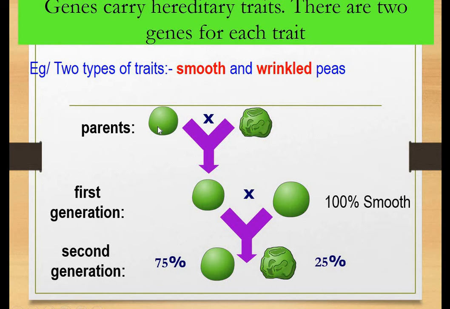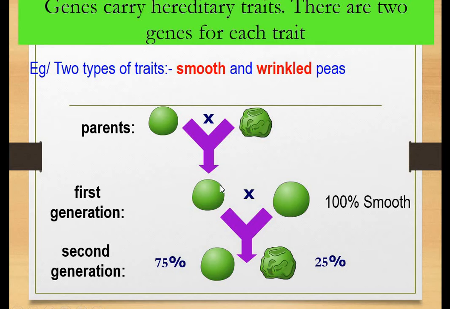And what happens is, when those 2 genes get together during fertilization, you could end up having an offspring with a smooth outer appearance, a smooth pea. We would say that even though there's a wrinkled gene and a smooth gene, we would then have to say that the smooth gene is dominant. That's why we see a smooth pea.